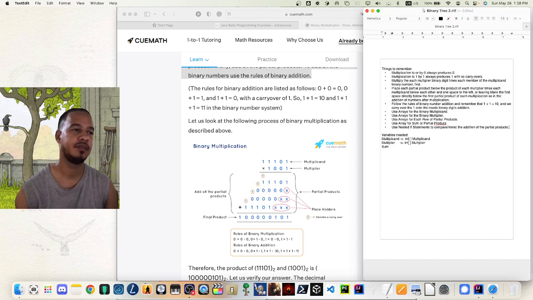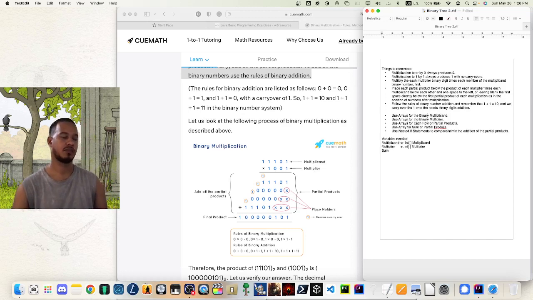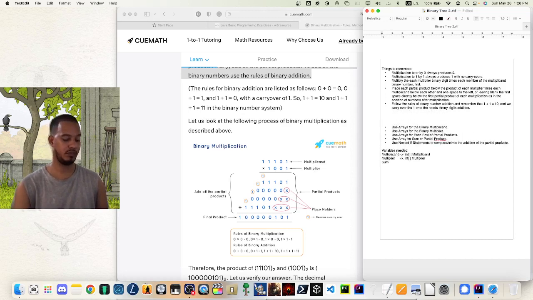Variables to create. Let's just name that like this.